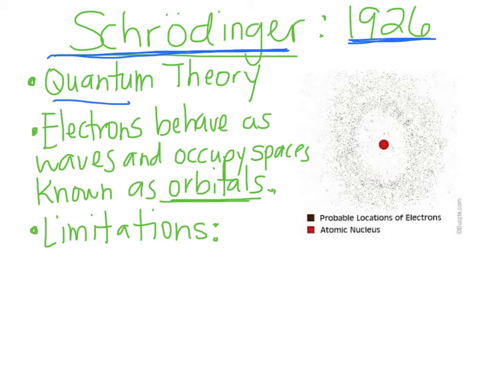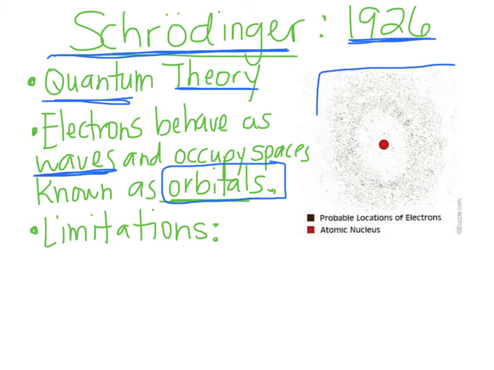This is known as the quantum theory, and it's all probability based. And how he did this is because he predicted that electrons behave as waves, and they occupy spaces that are called orbitals. He got his name orbital from Bohr's model, but in reality, electrons aren't just circling around the nucleus.